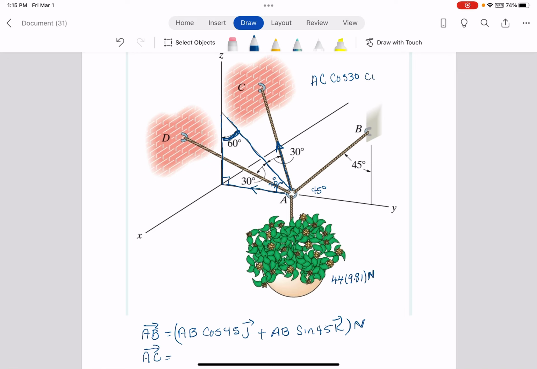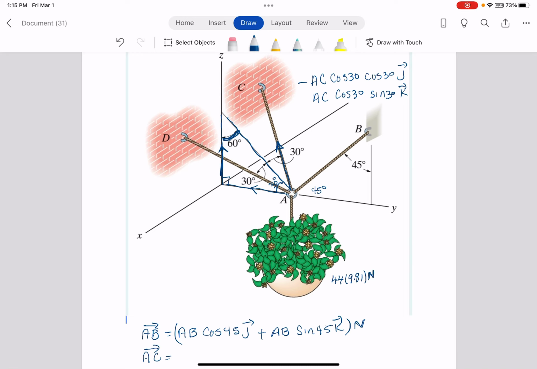Cosine 30, and that is in the negative y. How about the z? Well, if this is tension, it's going to be in the positive z. So AC cosine 30 in the yz plane, and then sine 30 in the k, in the z direction.